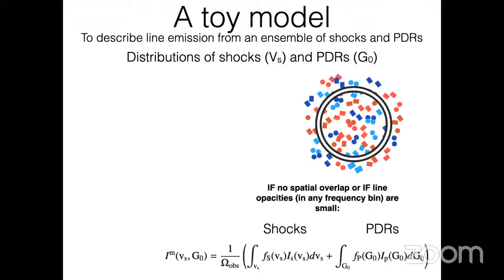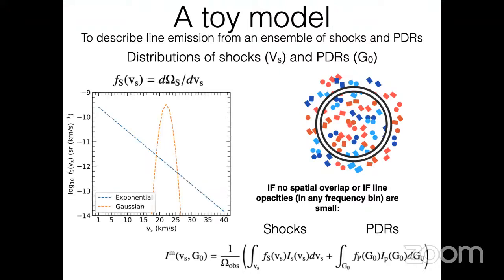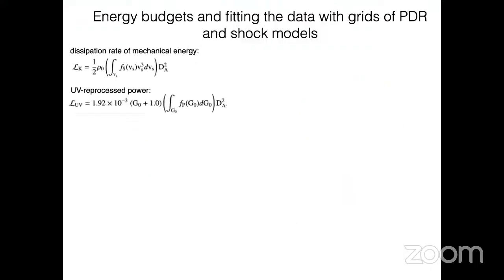We separate it as a linear combination of the shock and the PDRs, and those integrations are done over probability distribution functions of different radiation fields and shock velocities. And we explore different shapes of those probability distributions: Gaussian PDFs or exponential. I'm going to talk a little bit later on.